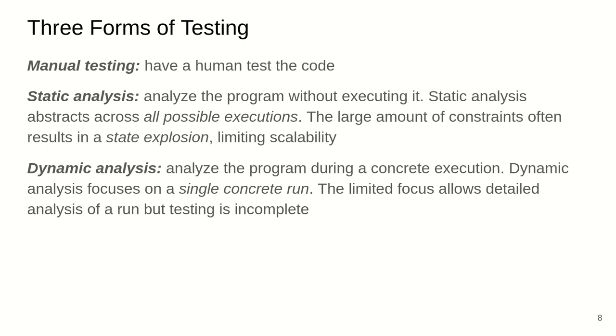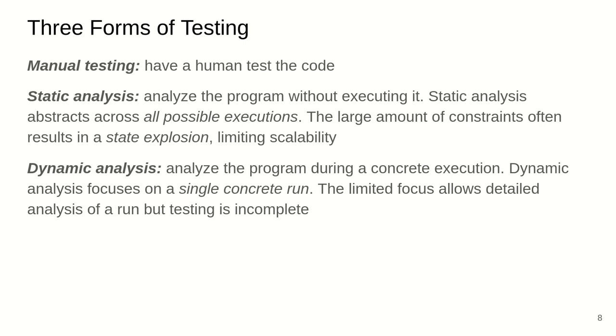The large amount of these constraints often results in some form of state explosion, either limiting scalability or introducing false positives. Dynamic analysis, on the other hand, analyzes the program during a concrete execution, so there's actual code being executed.